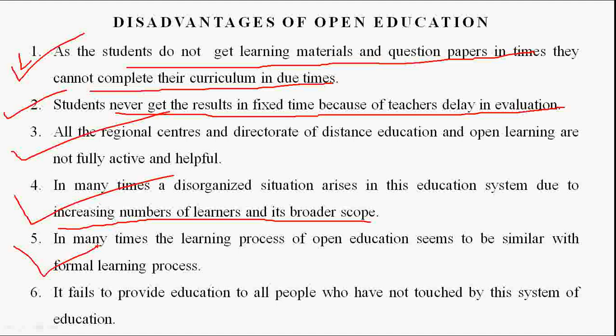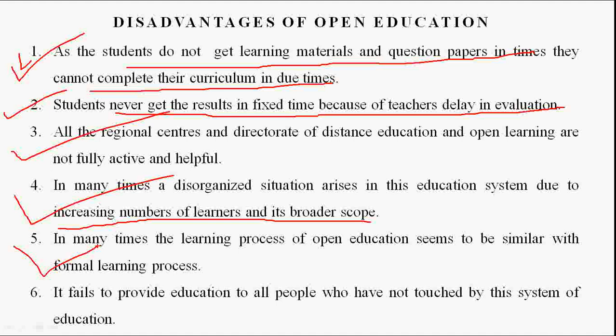Because in formal learning they have to follow rules and regulations and attend classes, but when it comes to open education there are no rules and regulations, you have to study sitting at home. If the students study sitting at their homes, what will happen? They will not be able to take education as in formal education. But if there are similarities between formal and open education in learning, this will be a disadvantage, isn't it?